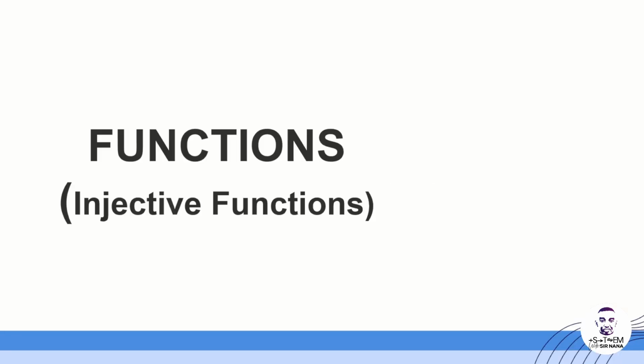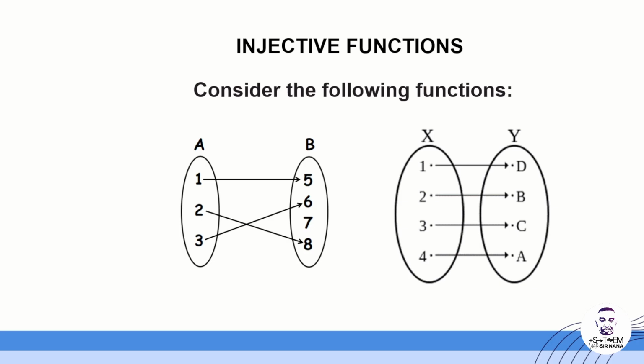So let's consider these functions. When we look at these, we see two different types of functions. The first one has A mapping to B, where 1 maps to 5, 2 maps to 8, and 3 maps to 6. We can use an example where the 1, the 2, and the 3 constitute some countries: Ghana, Togo, and Cote d'Ivoire.